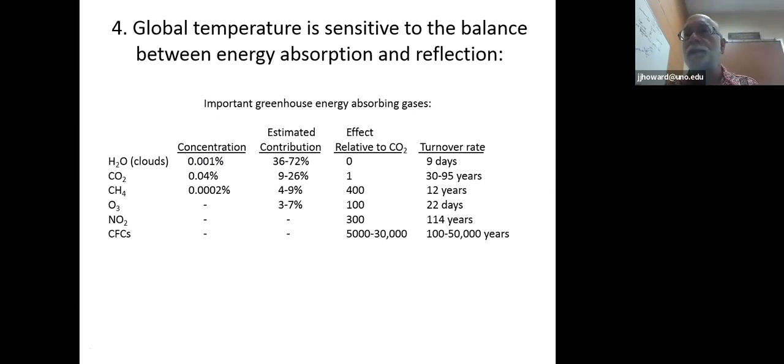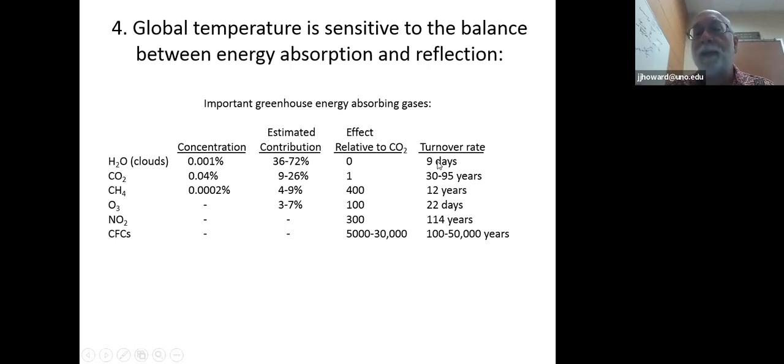If you get too much water vapor in the atmosphere, it simply condenses and falls as rain. So there's a low level of water vapor in the atmosphere constantly. It doesn't build up, but that low level is responsible probably for about half of the greenhouse effect. It only lasts in the atmosphere about 9 days total.